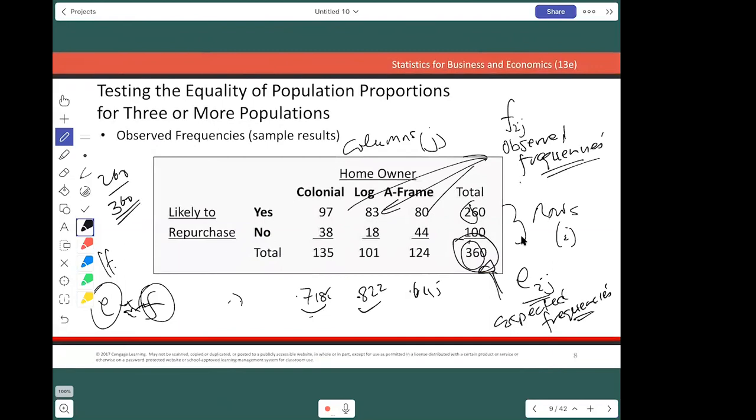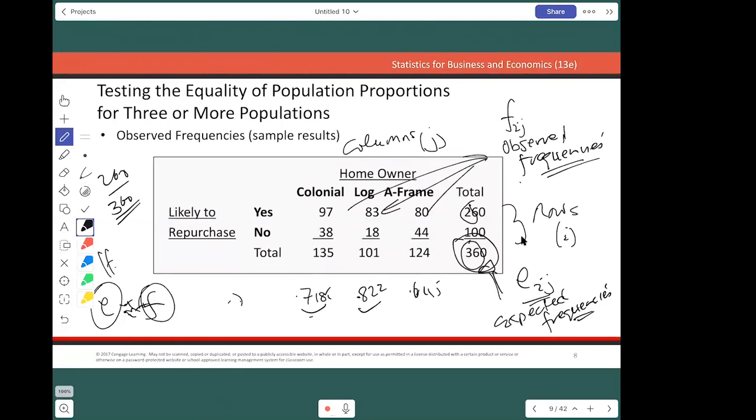So in essence, the probability of somebody repurchasing is 260 divided by 360, which is about 72%. It's about a 72% chance that somebody will repurchase.